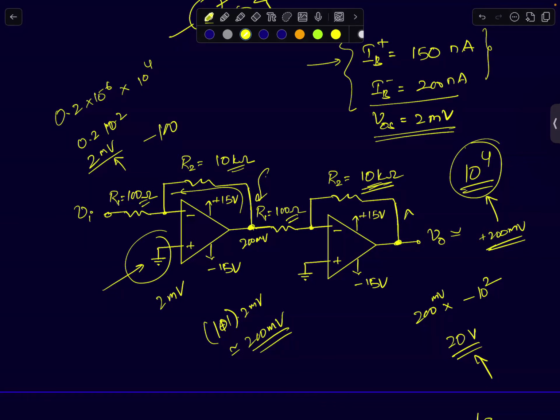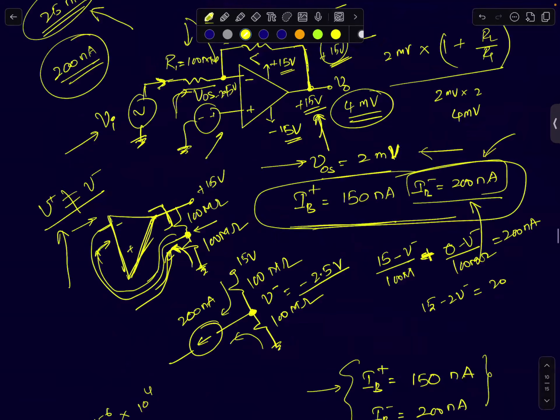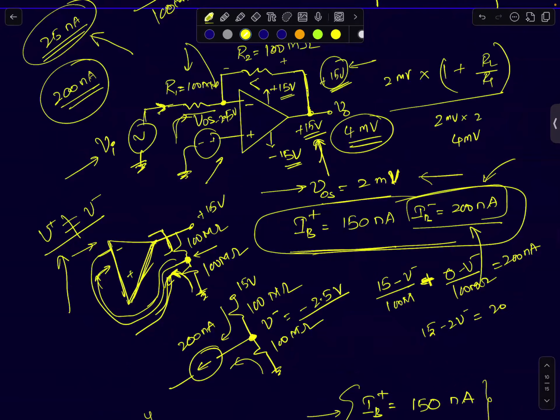I just wanted to take two examples, and now you can quickly see when this can happen. If your feedback resistance is really large, then bias currents can have much of an impact. If I put additional amplification after that, that can amplify it further. But it usually depends upon the op-amp.